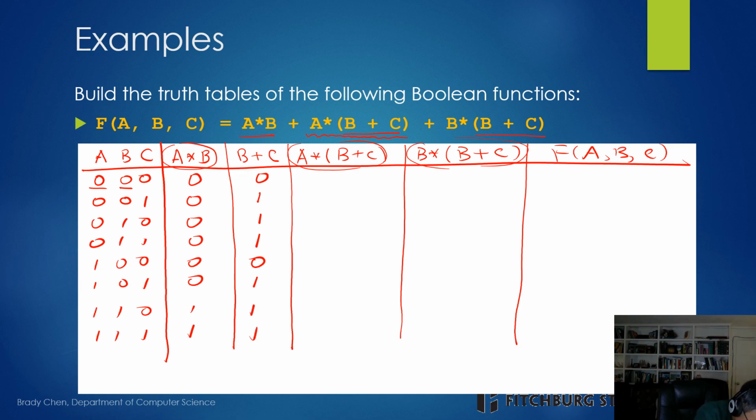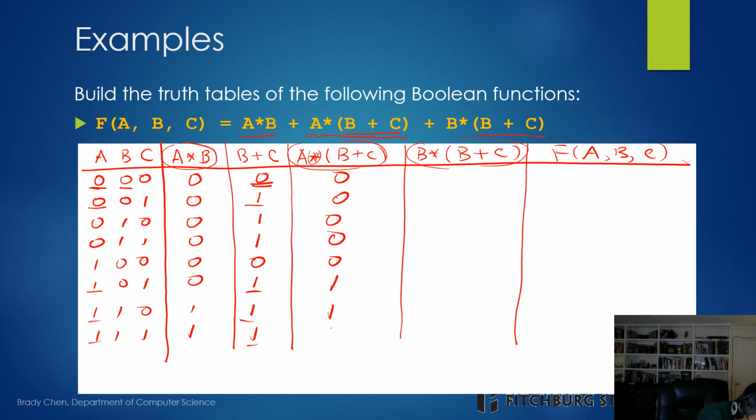Now let's take a look at A times B plus C, so A and B or C. Here are A and B plus C. That's 0, 0, 1, 0, because this is an AND operation. 0, 0, 0, 0, 1, 1, that's 1. 1, 1, that's 1.